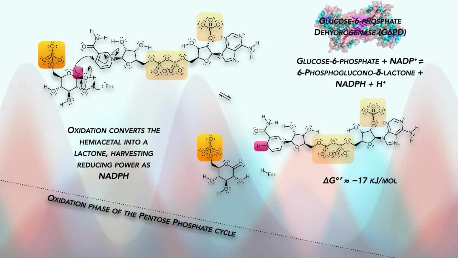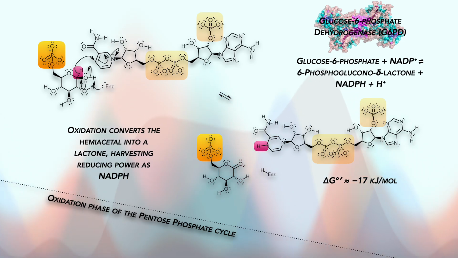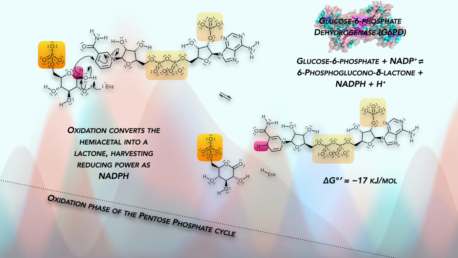Glucose 6-phosphate dehydrogenase begins the oxidative branch. The cyclic hemiacetal opens in the enzyme active site, exposing the C1 aldehyde equivalent. A hydride is transferred from C1 to NADP+, forming NADPH.